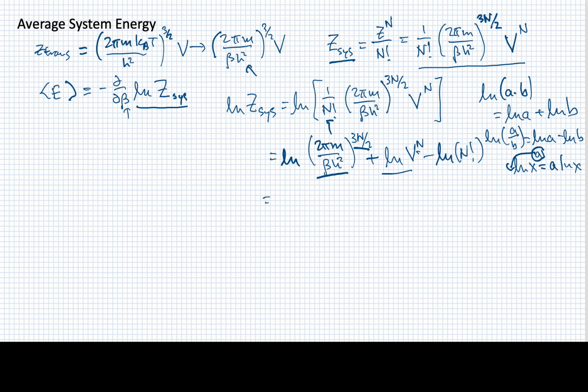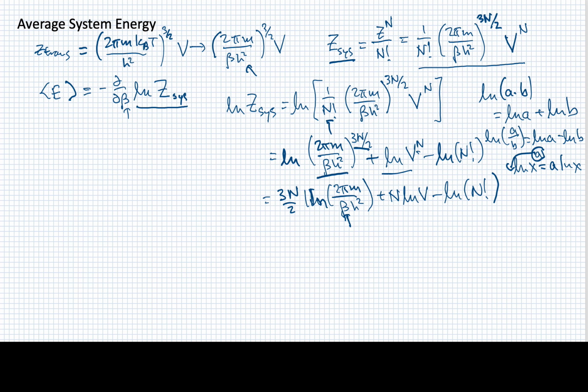So this is equal to 3N over 2 times the log of 2 pi m over beta h squared plus N log V minus log of N factorial. And I'm going to make one further simplification, and notice that I have beta here in the denominator.